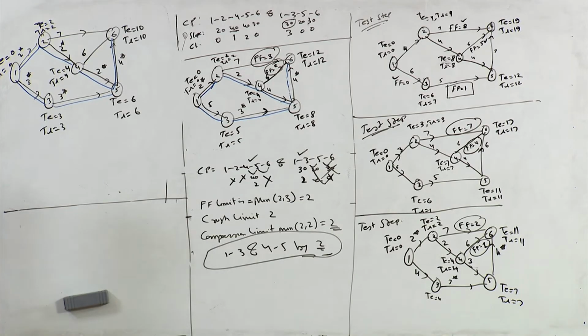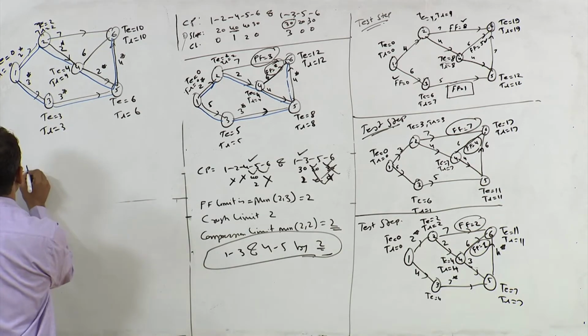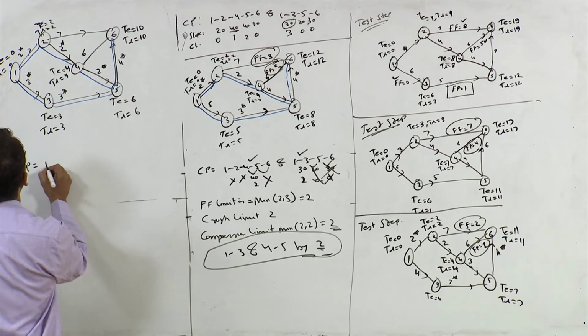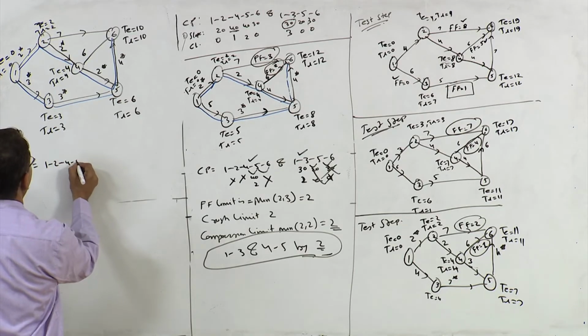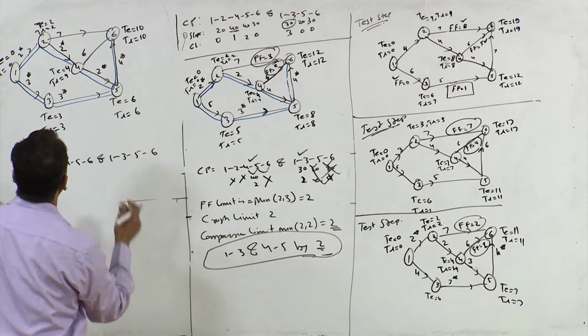Now let us try, can we further reduce this network? So for this just write critical paths here. Critical paths are 1 2 4 5 and 6 and 1 3 5 and 6, right?